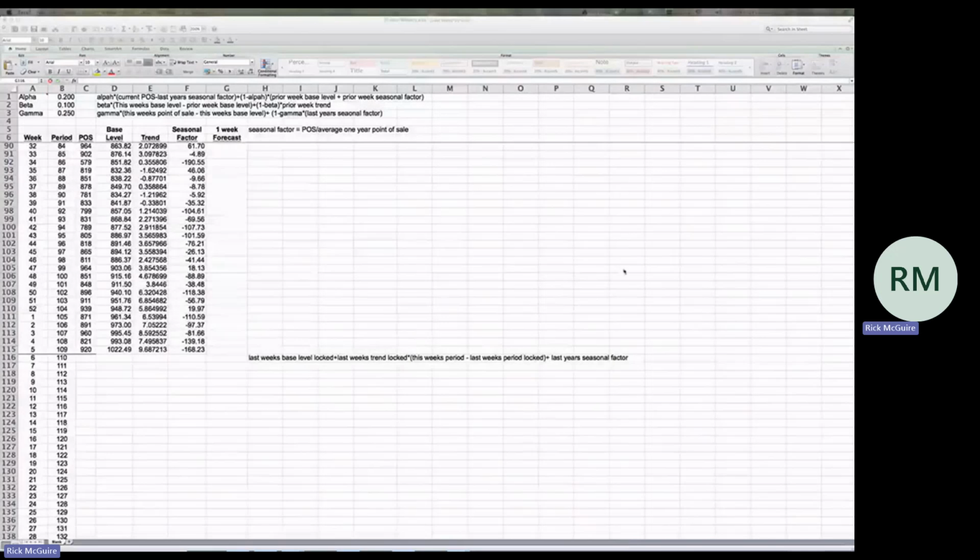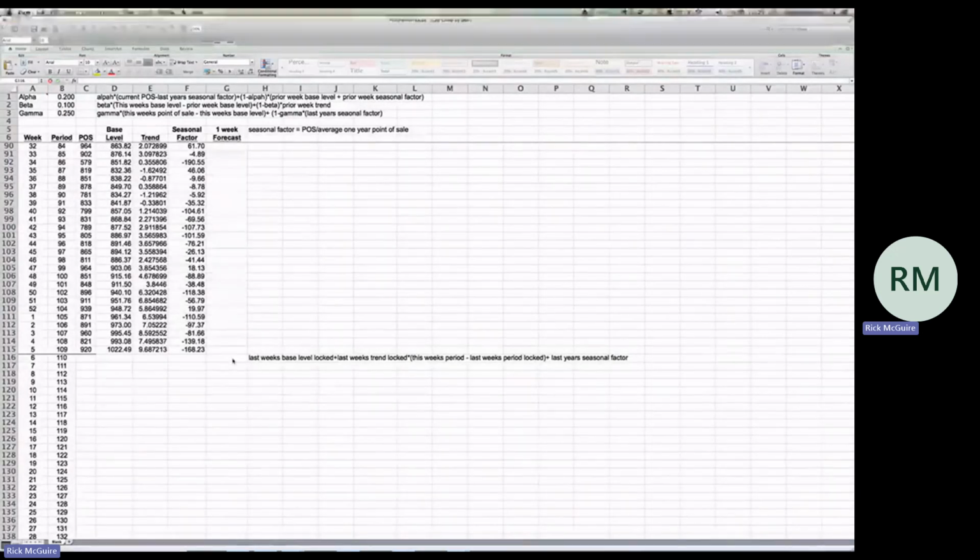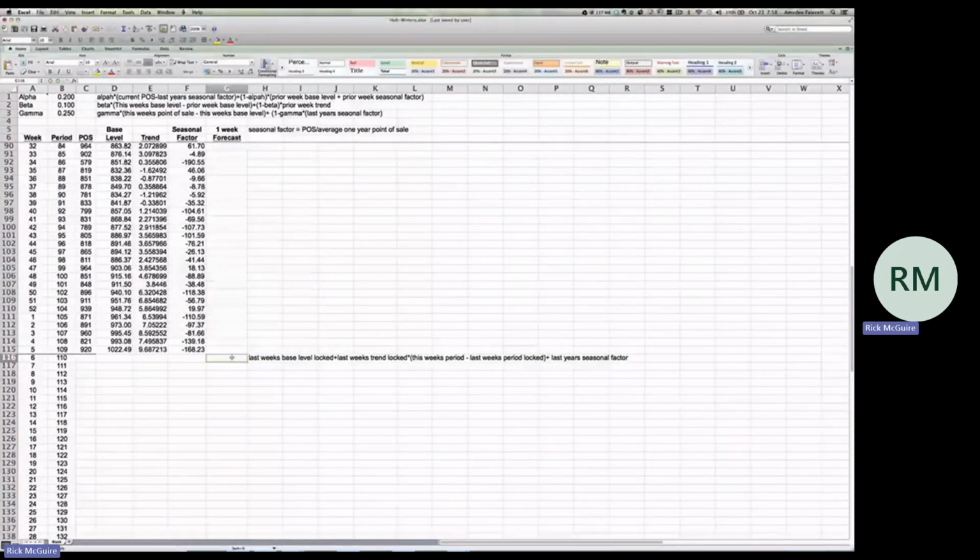I'm going to start out by simply coming up with a 1-week forecast. So I am in week 5 of year 3, and I want to estimate what demand might be in week 6. The way I do this, I simply use the most recent base level estimate. And I'm going to lock in the cell reference because I'm going to rely on the most recent base level estimate for all subsequent forecasts. And I add to this the most recent trend component estimate, which happened to be 9.7 in our case.